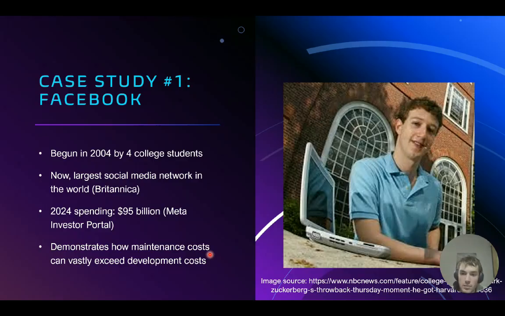But now the Meta Corporation spends $95 billion a year, and much of that is aimed and geared at maintaining and keeping up Facebook, maintaining the infrastructure, but also the software, addressing bugs, etc. And so you can see how the maintenance costs have far exceeded what it took to initially develop Facebook across the 20 years of Facebook's existence. And so this is a case in which the maintenance costs have vastly outweighed the development costs.